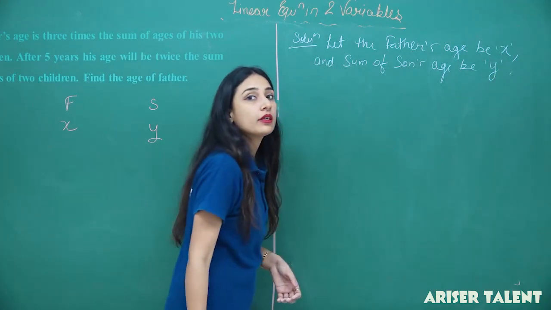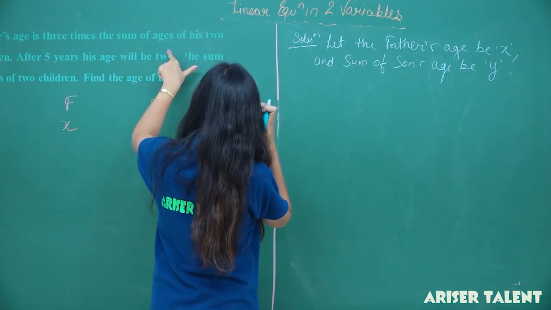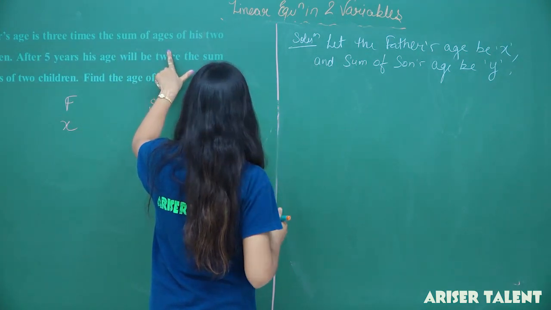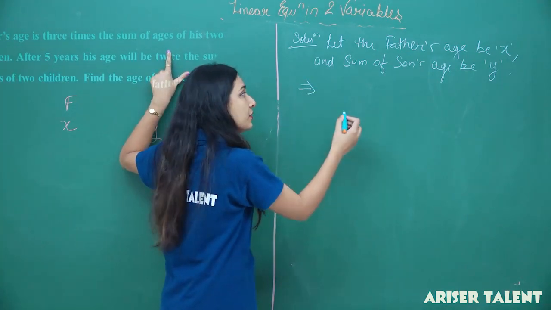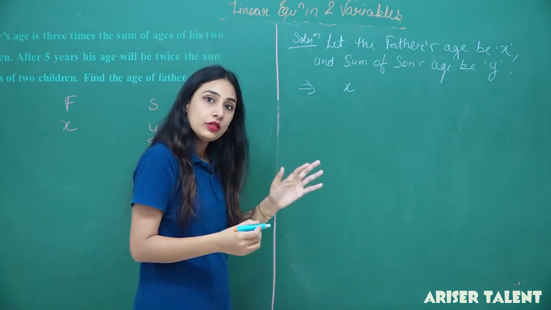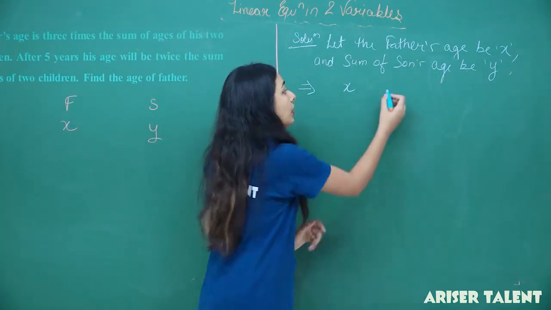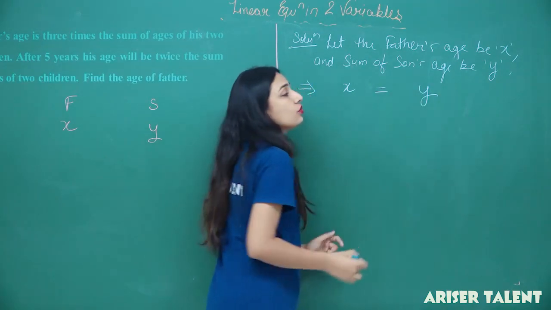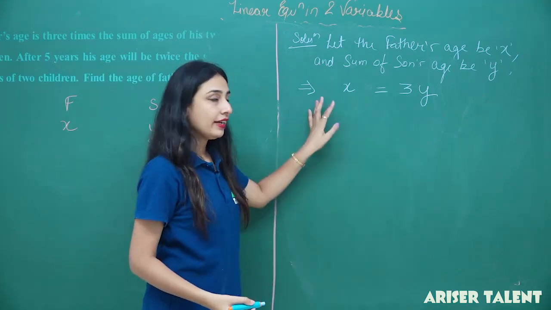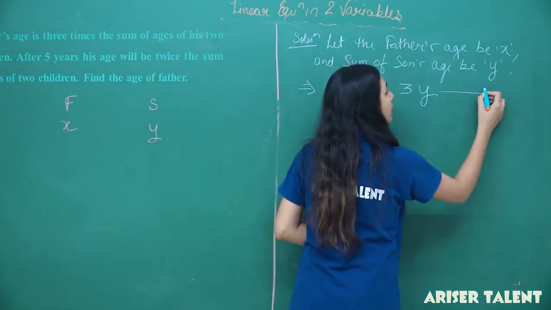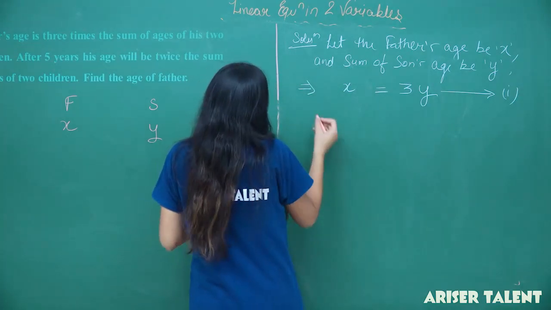This is about the present. Now it's saying that father's age is 3 times the sum of ages of his 2 children. Father's age, which is x, is 3 times the sum of sons' ages, so it will be equals to 3y. This is the first equation.